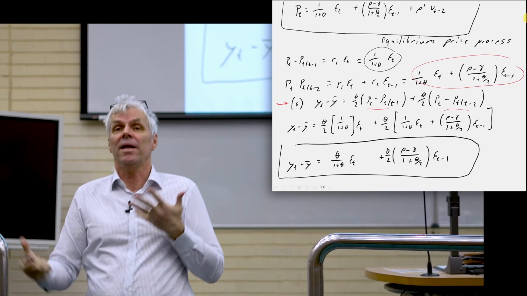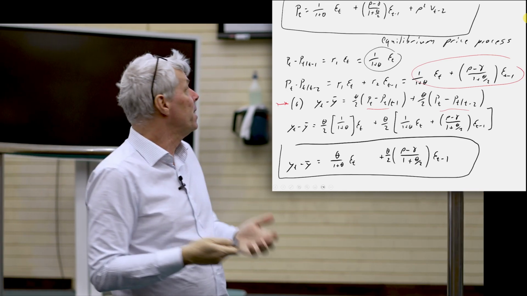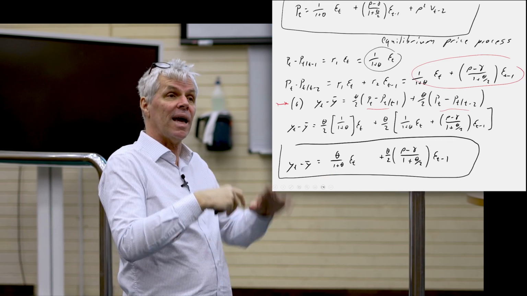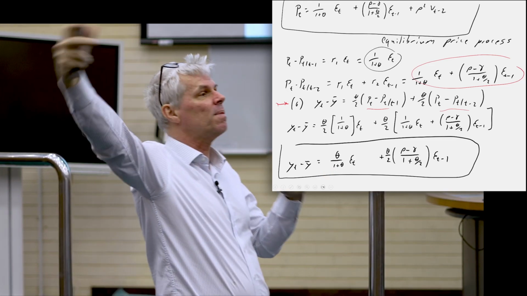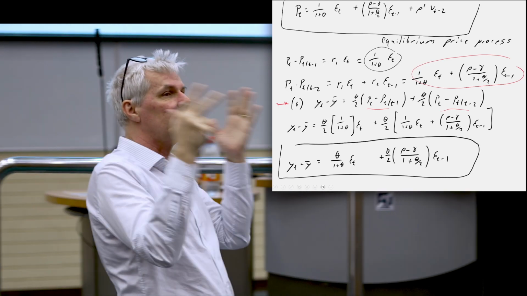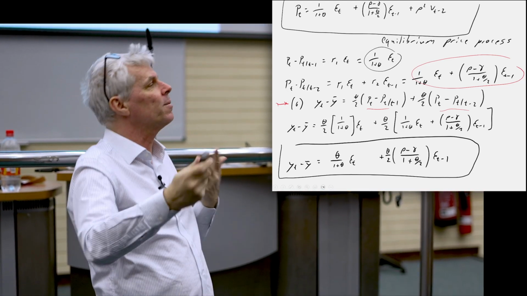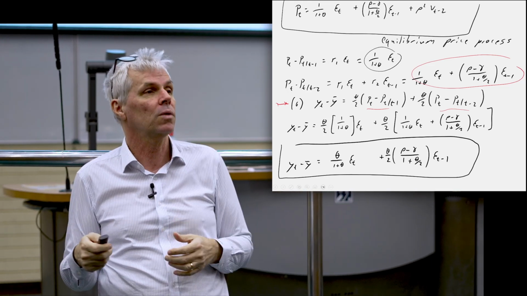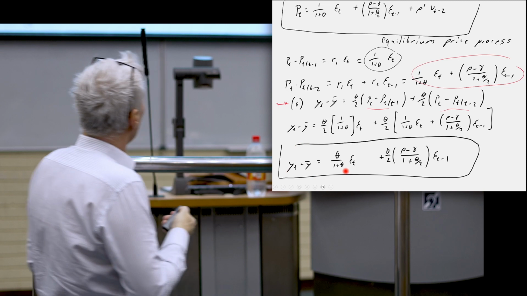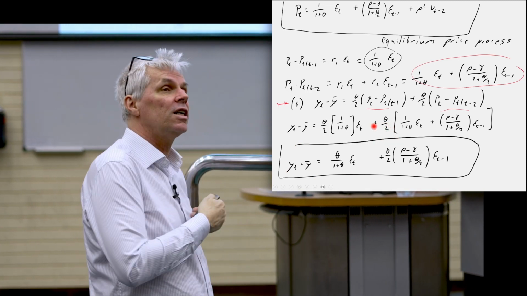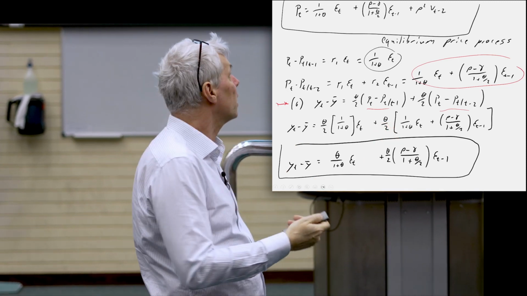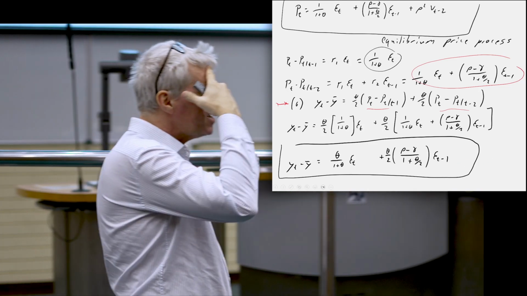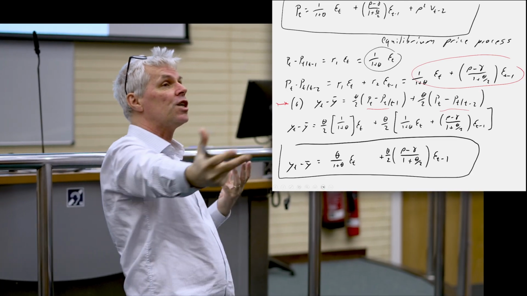So everybody will make price mistakes because of today's shock, which is why the half disappears, right? Because half the people do it from 1 period ago, half the people do it from 2 periods ago. They all make the same mistake because nobody knew that information at the time they were setting their wage. It was just unknown, and they did their best. But only this half of the people with contracts from 2 periods ago are going to make mistakes based on E_{t-1} shocks, because the people making their contracts 1 period ago knew that shock already.